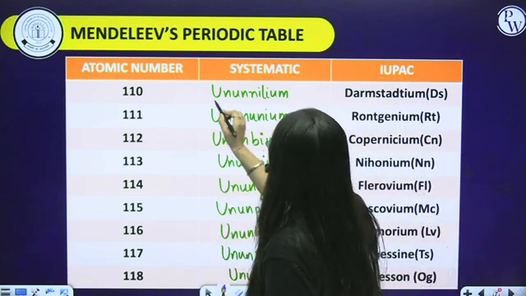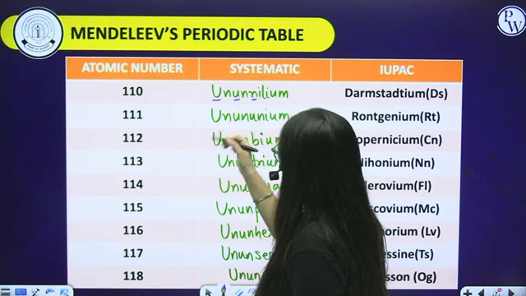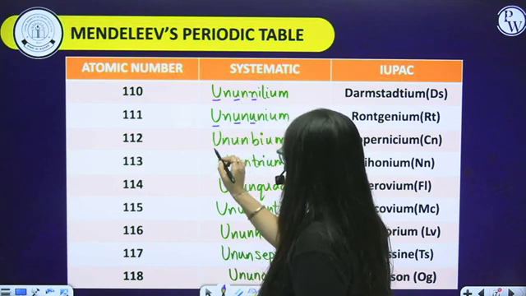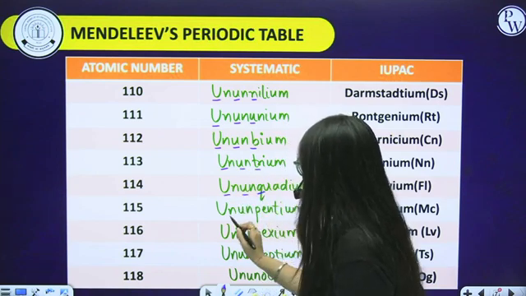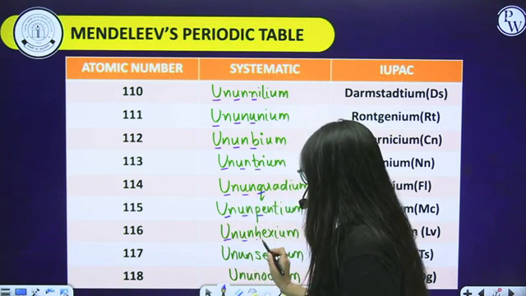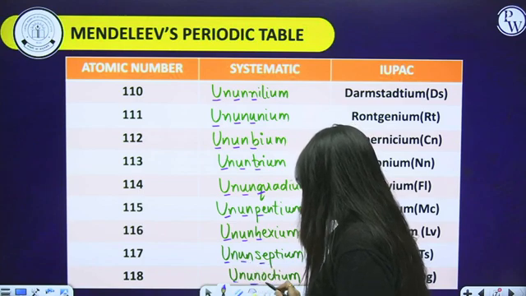symbols of them. So it is nil, un, unbi, untri, unquad, unpent, unhex, unsept, unoct.